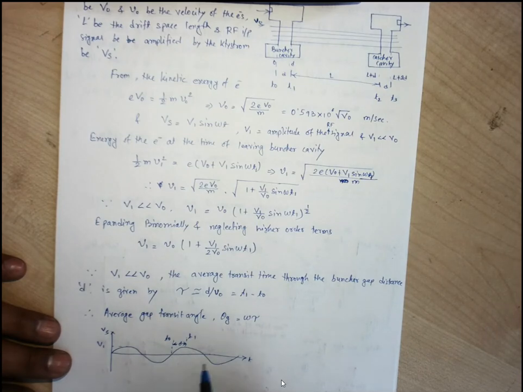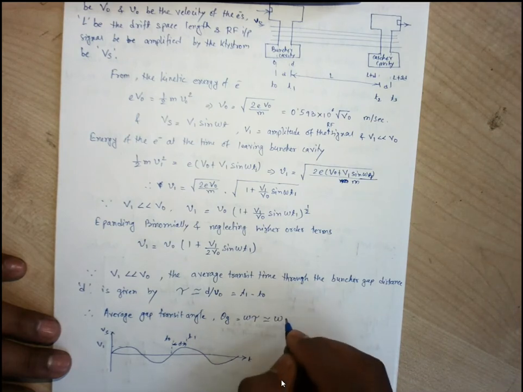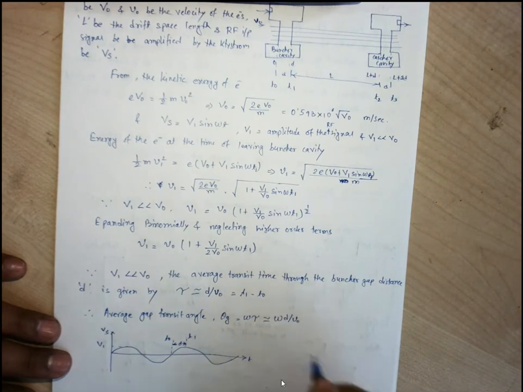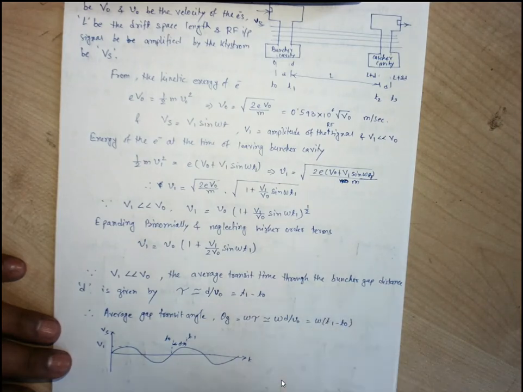At T1 they go out of the buncher grids. So we can write this approximately as omega d by V0, or simply omega times (T1 minus T0).